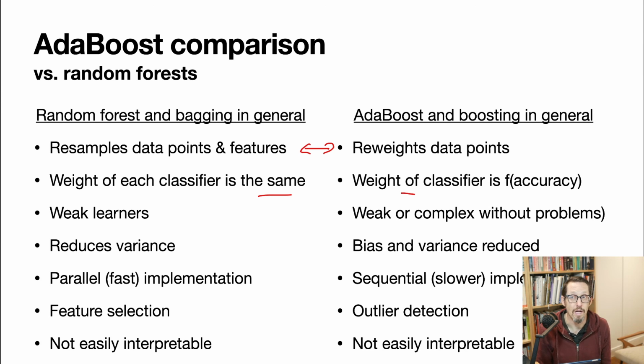Boosting can't do feature selection, but it can do outlier detection. And neither one of these algorithms is really interpretable. A tree is interpretable, but with the interactions between the votes among a bunch of different trees, it's much less easy to see how an individual variable contributes to the final decision.